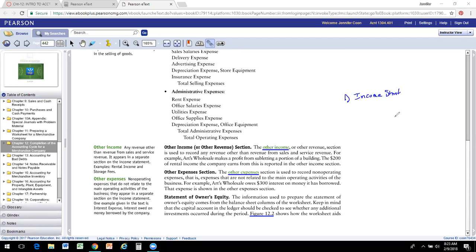Once we get our income statement, it flows into the second statement, and that is statement of owner's equity, or you may hear me call it retained earnings statement because that's what we do on the corporate side in the academic class, but they're both the same thing. If you hear me slip up and say retained earnings, I mean the same thing. And then what we get on the statement of owner's equity flows into the balance sheet.